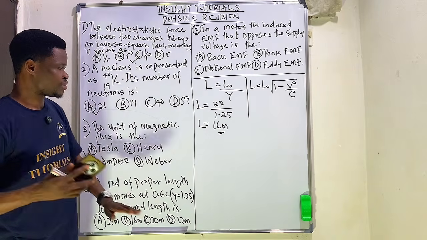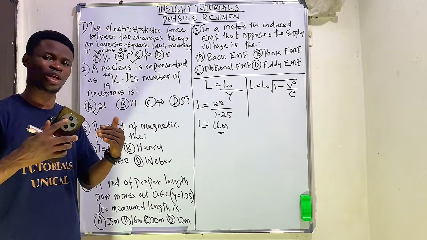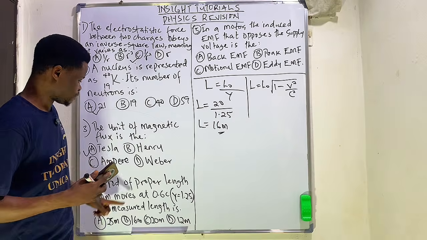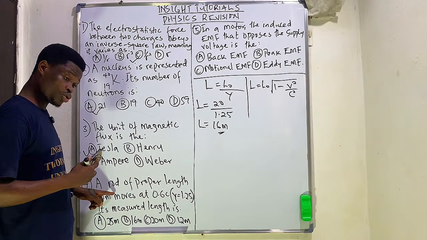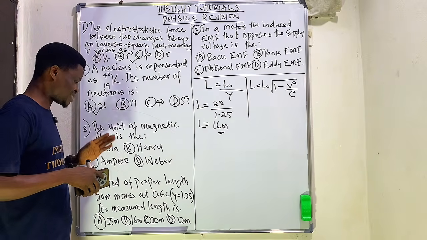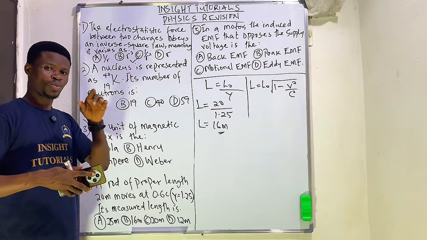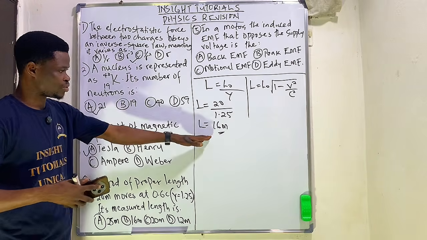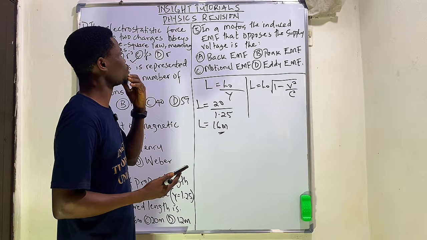So it is very important for you to know that anytime you're calculating contracted length, it will be somewhat less than the proper length. The proper length of this rod was 20 meters. The person sitting on this rod sees it as 20 meters, but the person standing afar off, watching the rod that is moving, measures it at 16 meters. Now, let us answer the fifth question while we continue.